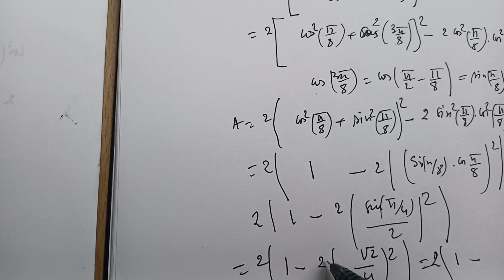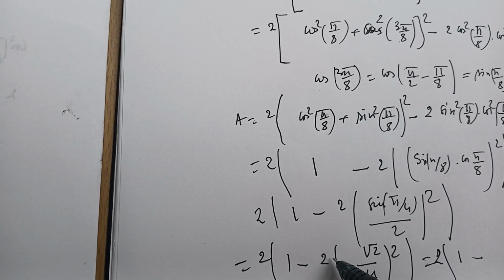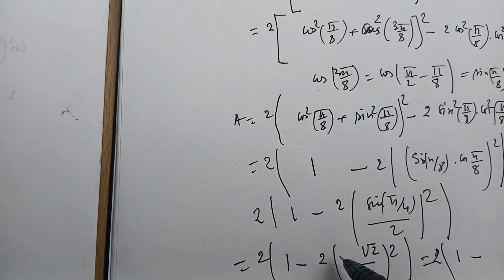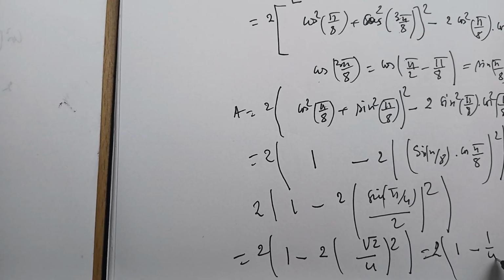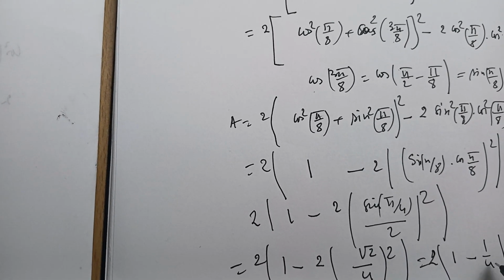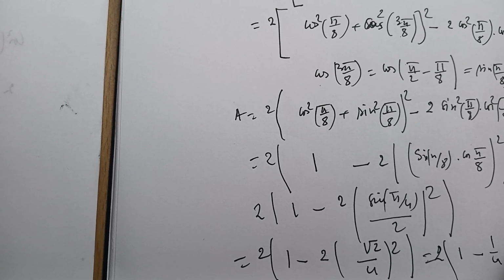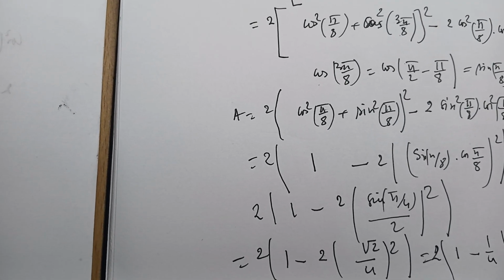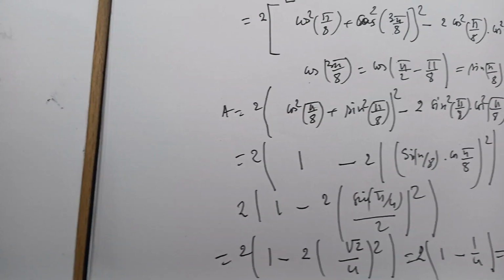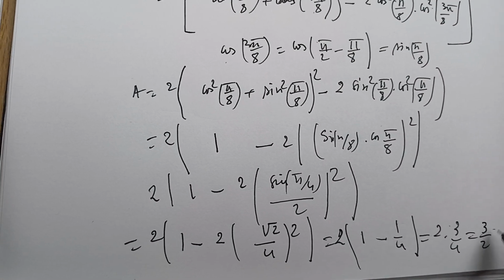With this one, it's going to be 1 over 4. Okay. It's going to be 1 minus 1 over 4. And with this one, it's going to be 3 over 4 times 2. So it's going to be 2 times 3 over 4, which is equal to 3 over 2.